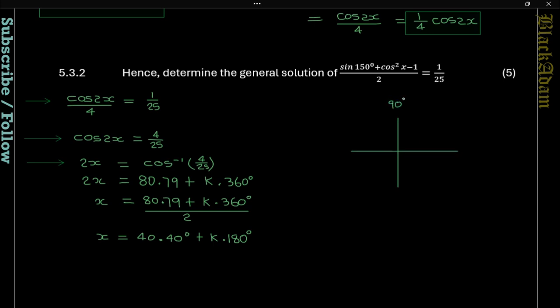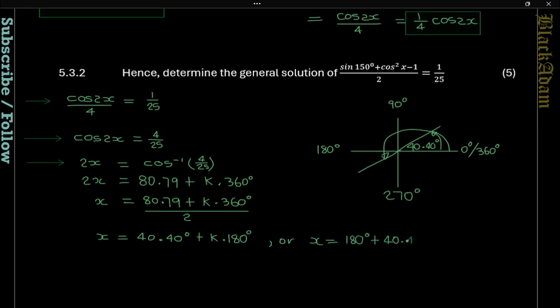And then we draw the angles there just to find out the other alternative angle as well. That's 0, 360, and then that's 180 degrees, and that's 270 degrees. So what we do, we draw a line that passes through the center. So that's our 40.40 degrees there, and then we also have another angle that moves to the other side of the line, so that's going to be 180 plus 40.40 degrees, multiples of 180.